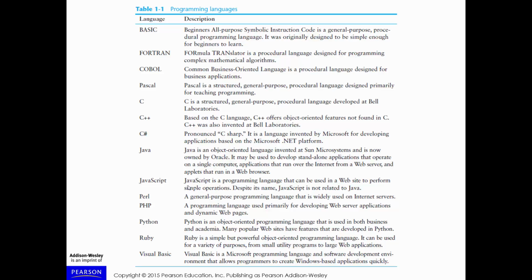Now, in your book, you see this table, and the table has many of the better-known programming languages. In the program here at Rankin Technical College, you learn C#, you learn Java, you learn JavaScript. Now, me, myself, and I'm not saying this to be a braggart, I used to teach BASIC.